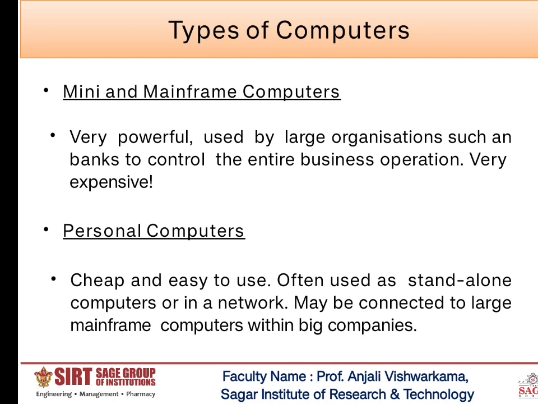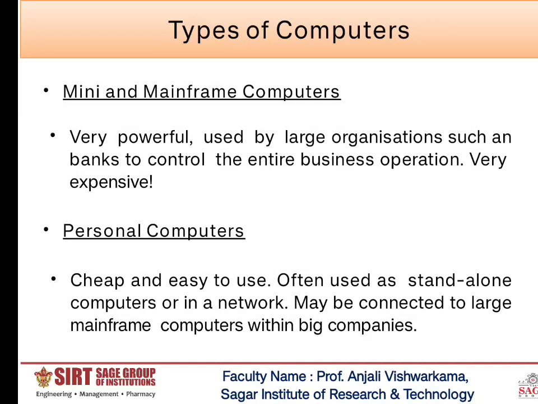Based on purpose, we can classify computers into two types: general purpose and special purpose. General purpose means we can use the computer at home, in offices, and in schools. Special purpose means we use computers for scientific and research purposes.